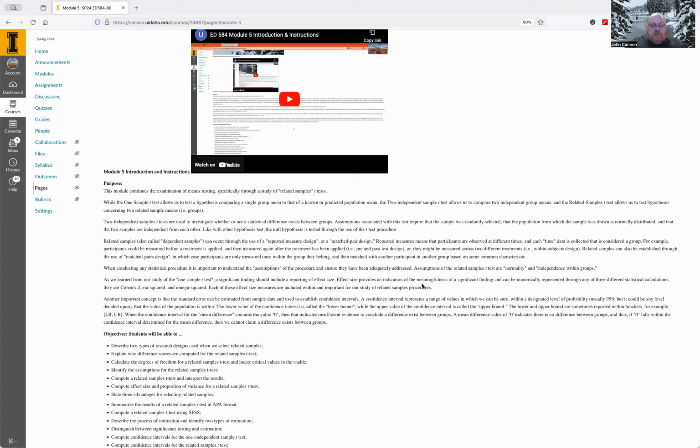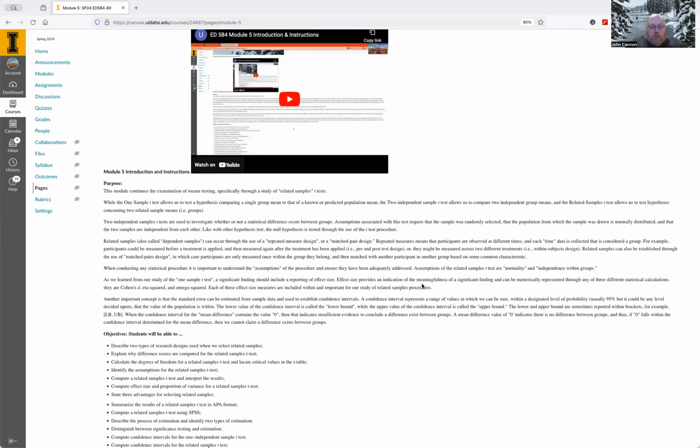Another important concept is that the standard error can be estimated from sample data and used to establish confidence intervals. A confidence interval represents a range of values in which we can be sure, with a designated level of probability, usually 95% but could be any level decided upon, that the value of the population is within. The lower value of the confidence interval is called the lower bound, while the upper value of the confidence interval is called the upper bound.